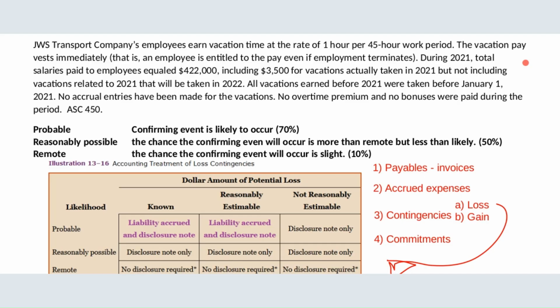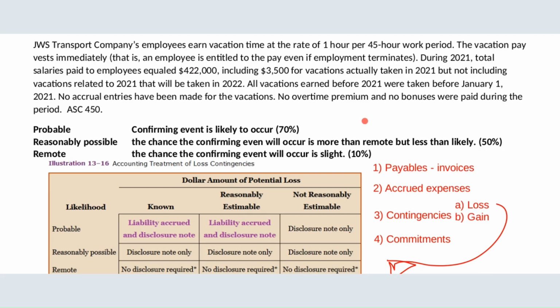For 2021, we have paid our employees $422,000. Of this $422,000, $3,500 is for vacation. So if we want to know what the actual salaries were, we're going to have to subtract this vacation.